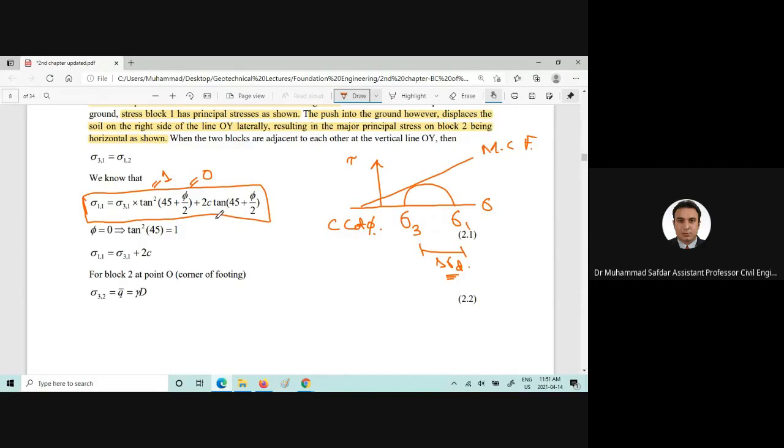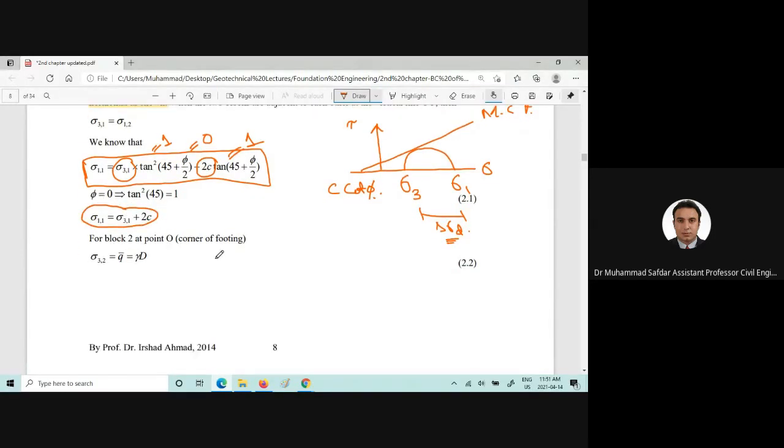So it's 2c here, and here we will come up with sigma 3.1. So this is the simplified equation which we will get.